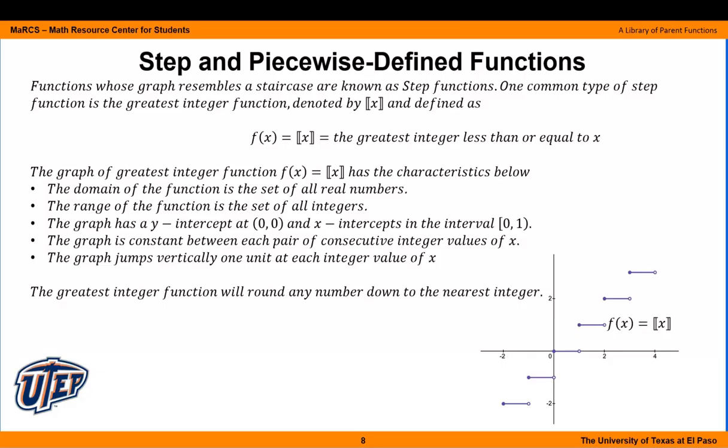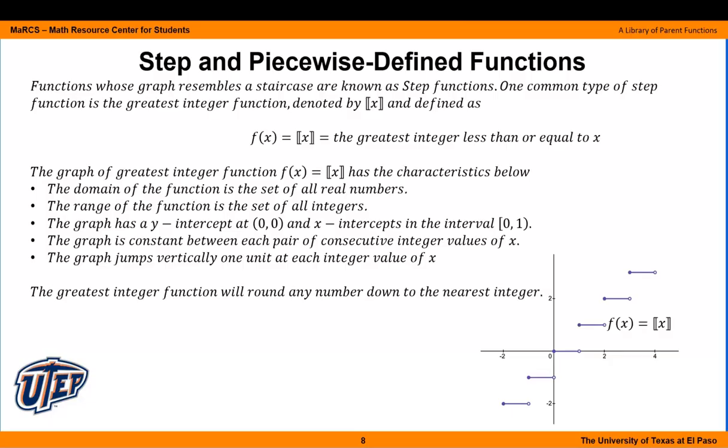Now the step function. This is f of x equals the floor of x. What does floor mean? It's the greatest integer less than or equal to x. So in simple terms, you take your number and you move down to the nearest whole number.